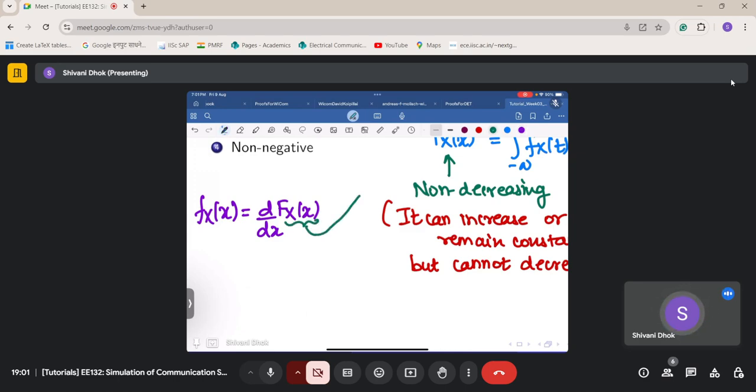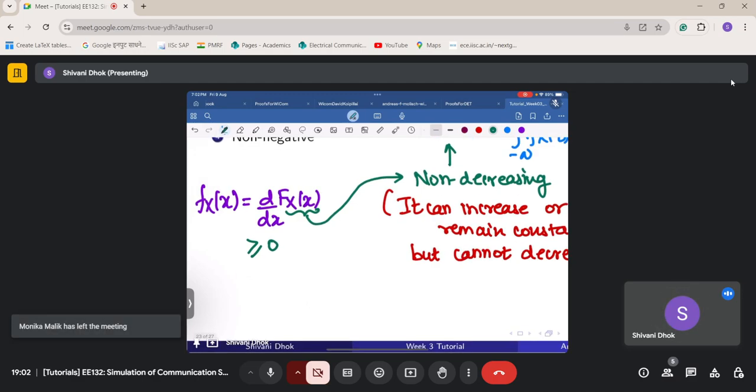We have seen that this is a non-decreasing function, which means that the PDF will be greater than 0 if the CDF is monotonically increasing, and if it remains constant, it can be equal to 0. So if the CDF remains constant over a particular interval, then at that point my PDF will be equal to 0.